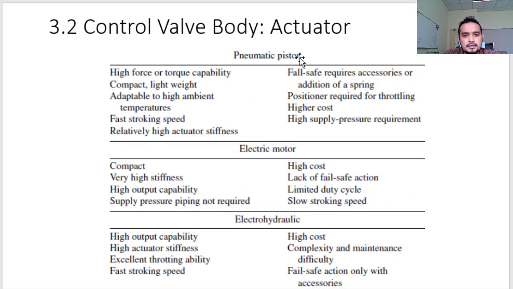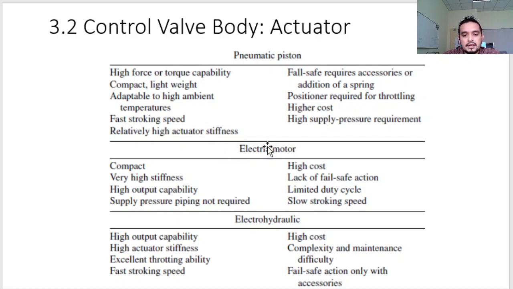And then pneumatic piston. This one is pneumatic: compact, lightweight, high force. Because we are talking about pneumatic, that obviously requires a very high gas pressure. That's why we call it pneumatic. And that will reduce the size, but the disadvantages are safety requirement, positioner, higher cost, higher supply.